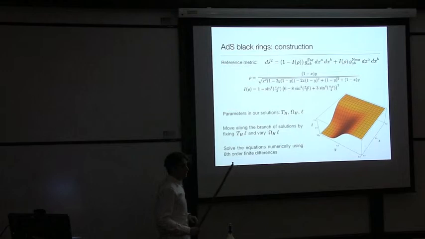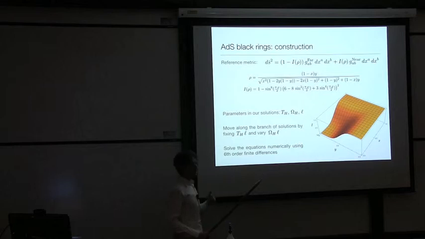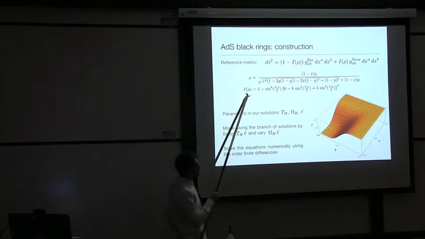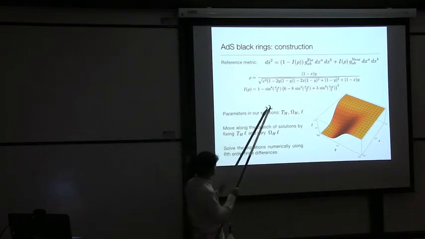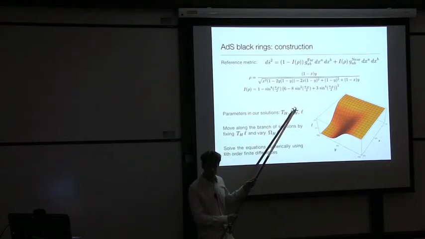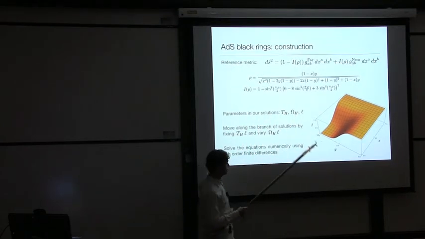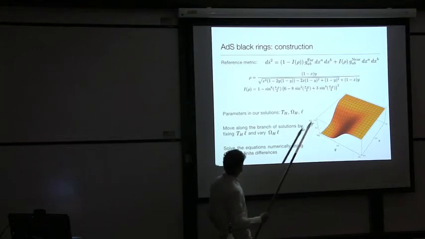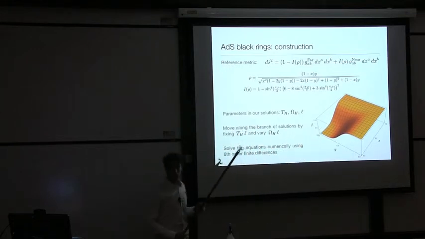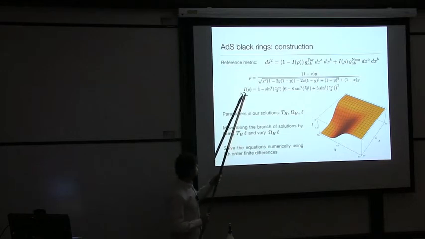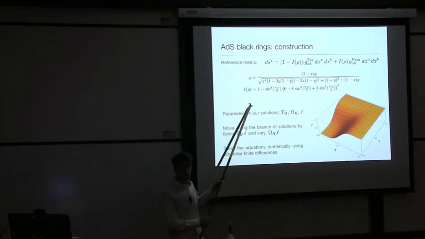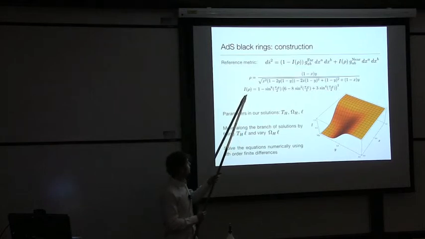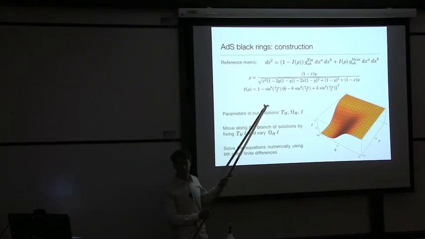What determines the choice of functions? I was going to discuss this. The only thing which we found mattered in terms of constructing the solution is that this interpolating function had to vanish at the boundaries. First of all, this is a smooth function of this coordinate rho, which covers our whole domain. The important thing is that a sufficiently large number of normal derivatives of this function vanish at each of the boundaries.